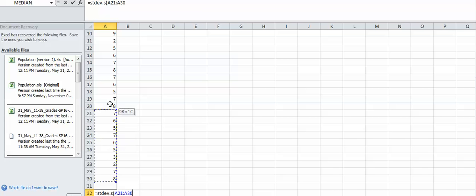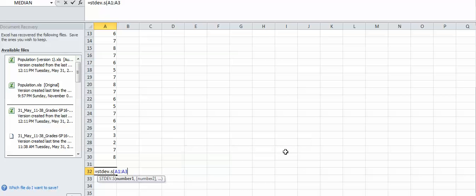Now I highlight the 30 numbers, or I can just type in A1 colon A30, and it'll calculate the standard deviation of all numbers between A1 and A30, which is my entire data set.